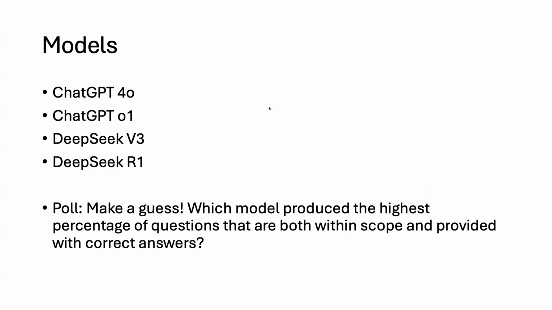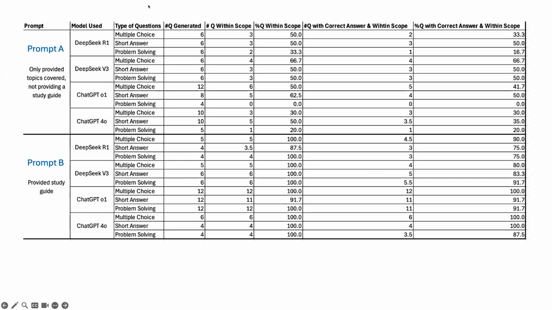I will wait for 10 more seconds as the majority has voted. It seems like our participants have more faith in ChatGPT 4.0. So now let me share the results here.